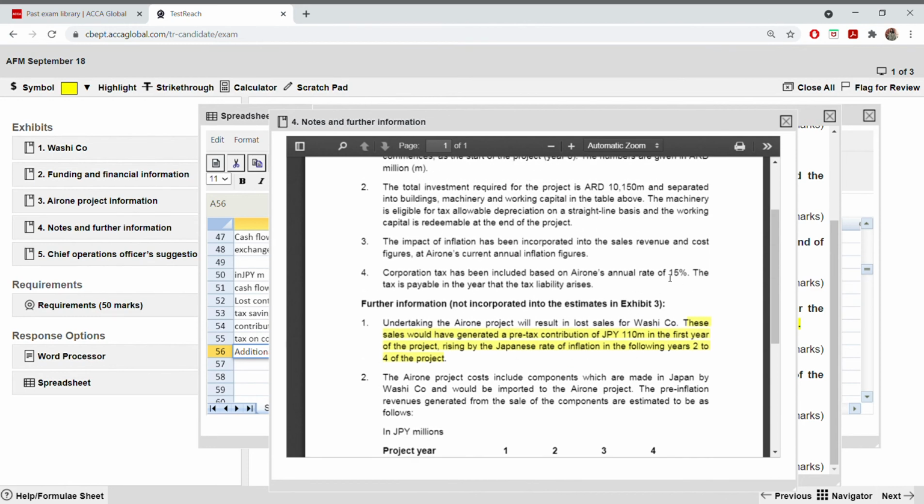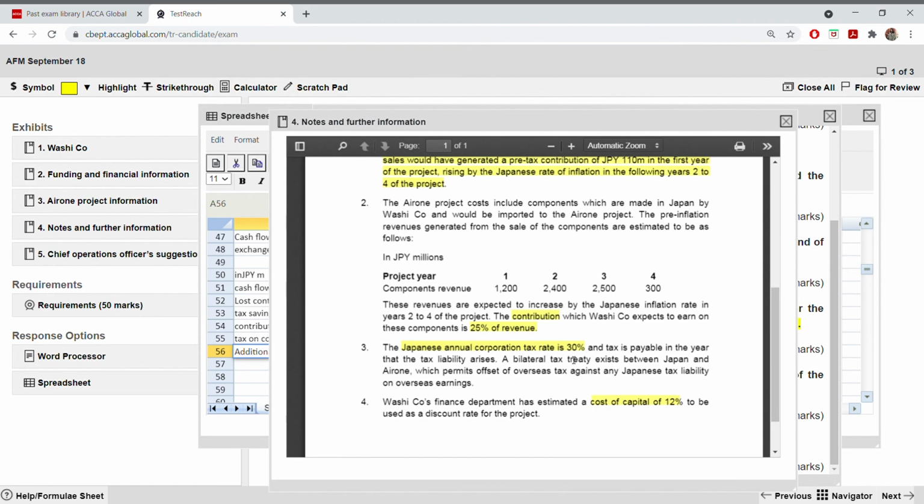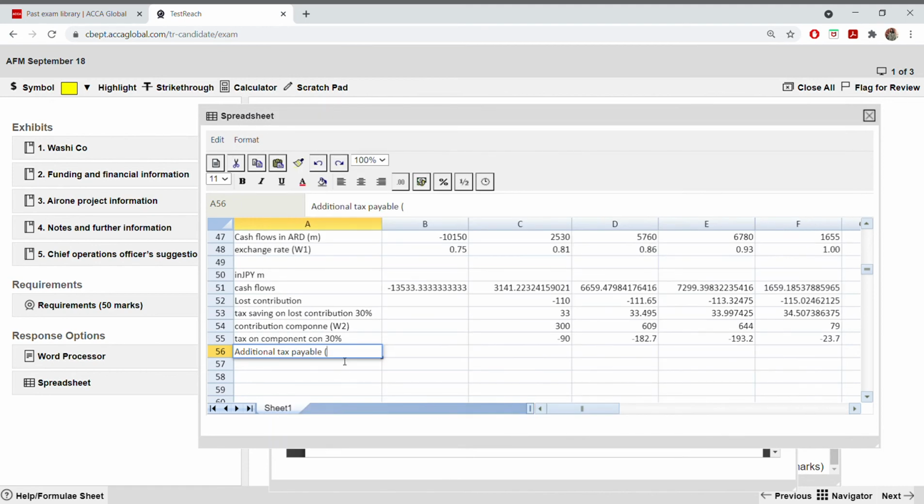Corporation tax at 15%, and here it is 30%. So the difference, 15%, you have to pay. Because in Year 1 you only paid 15%, but the other 15% you have to pay in Japan out of the 30%. So it is 15%, and for that working 3 is also required.